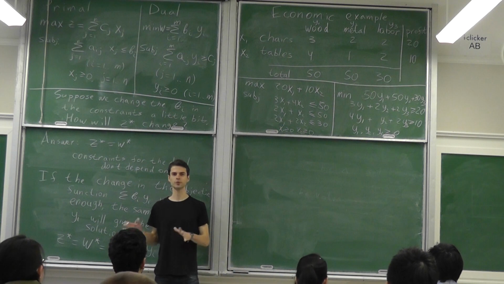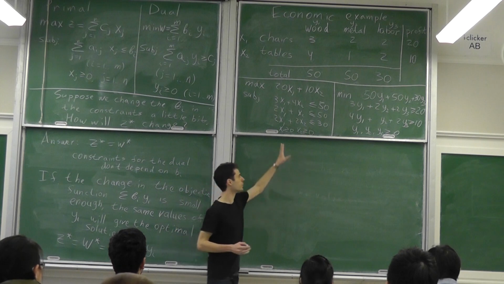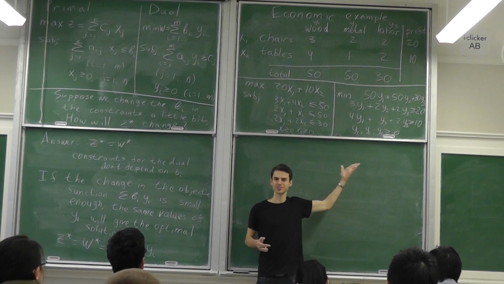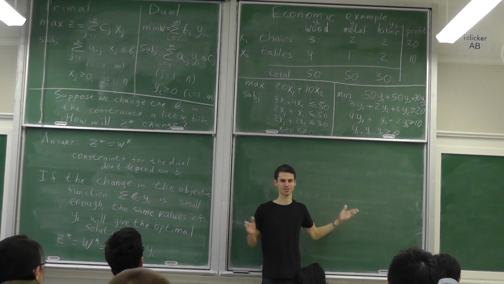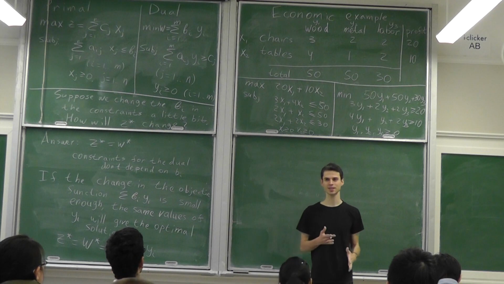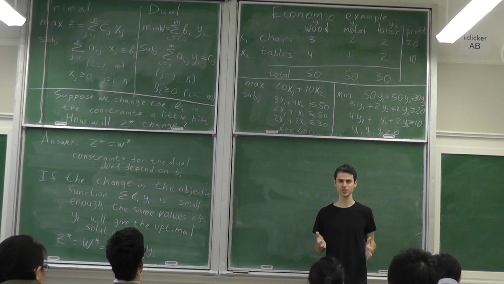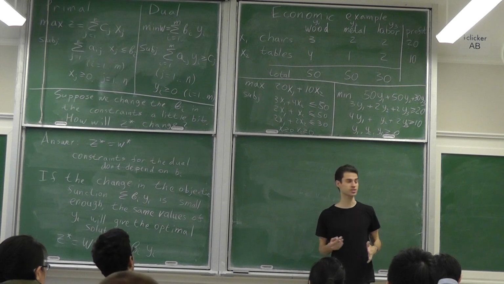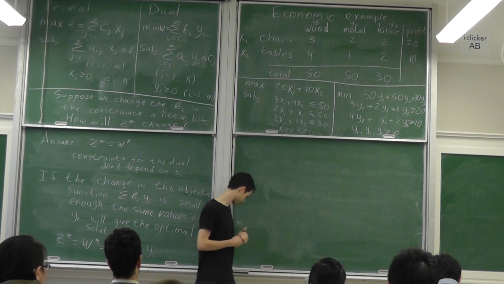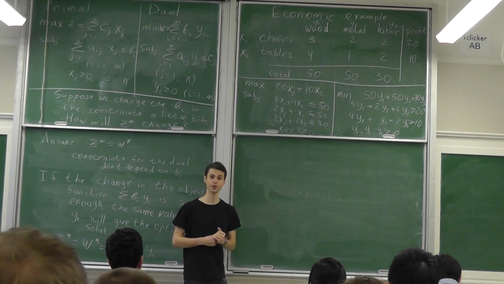Let's try to see what our theorems tell us about whether we'll get a transaction here, whether this transaction will satisfy both sides, whether it's kind of an efficient transaction. So let's talk about the big duality theorem.